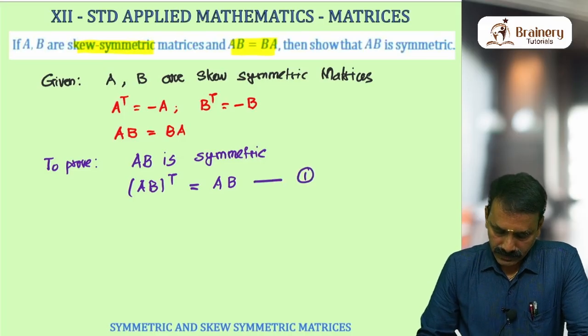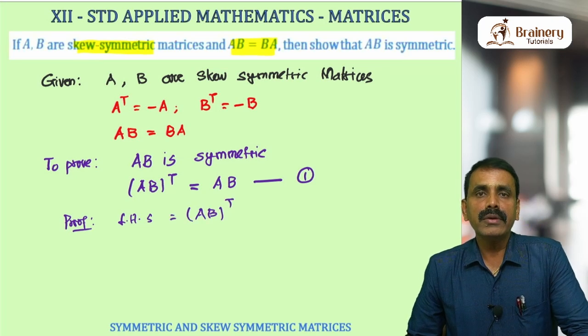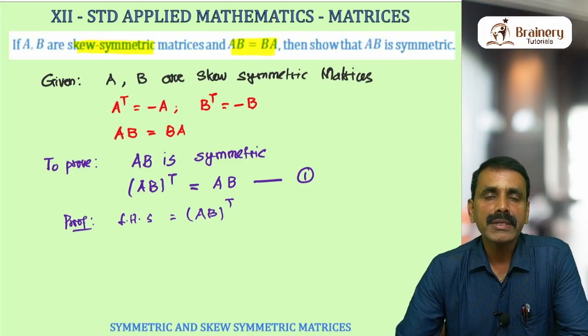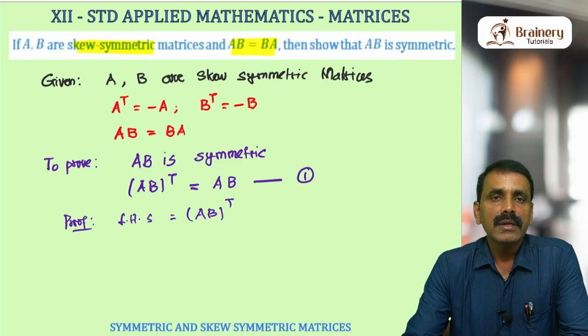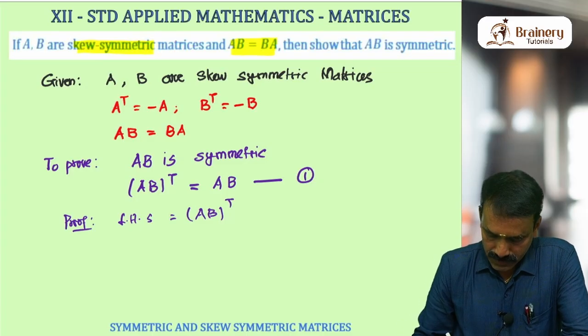So we start with the LHS. What is your LHS? AB whole transpose. Again, use the concept of transpose of a matrix. We have already studied, correct? Transpose of the product is equal to product of the transposes taken in reverse order. In simple words, AB whole transpose is equal to B transpose A transpose.